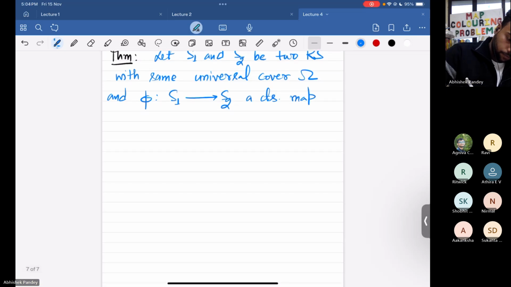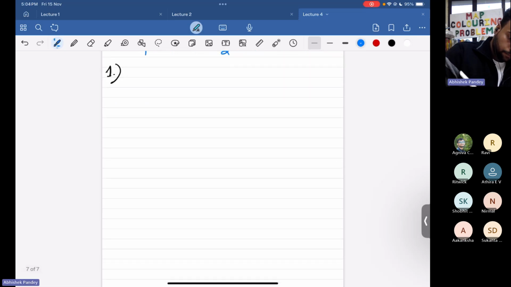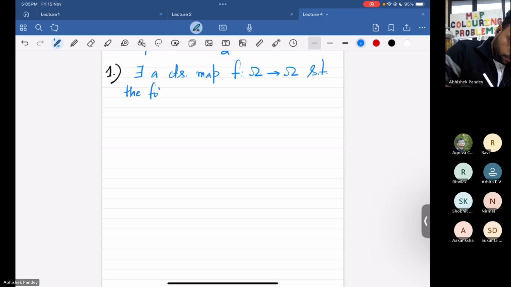Then the first thing which we have is: there exists a continuous map F from Omega to Omega such that the following diagram commutes.